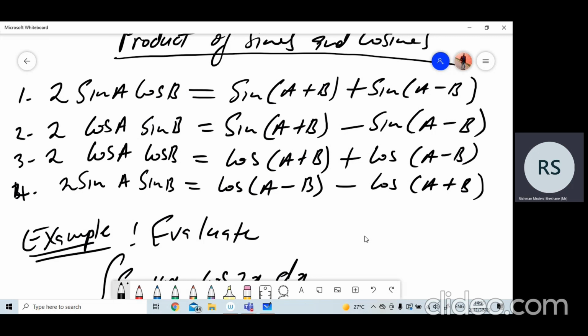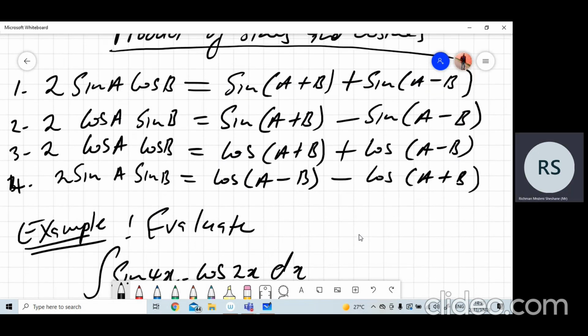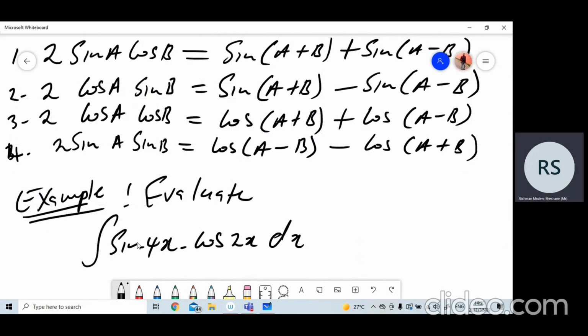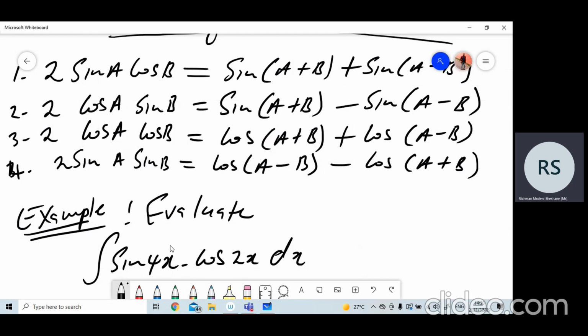Okay, so to decide which identity we're going to use above, you check the form. You have the product of sine and cos, so you want a formula that has a product of sine times cos. If you check here, sine times cos is formula number 1. The second is cos times sine, the third is cos times cos, and this one is sine times sine, but we're looking for sine times cos.